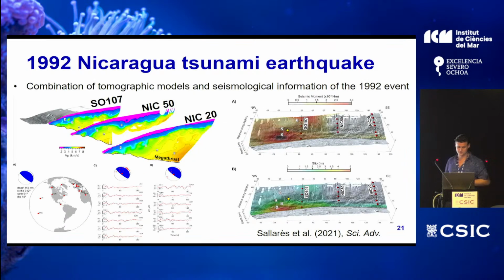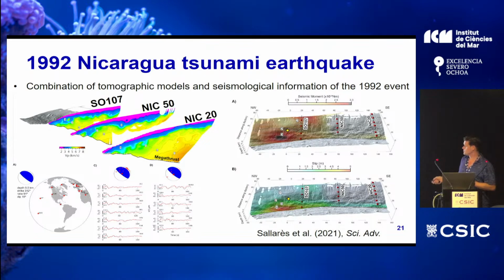So we took this information and combined it with seismological recordings of the 1992 Nicaragua earthquake. I didn't say that, but this event was instrumentally recorded, so we could use this information to invert for dynamic properties of the earthquake, such as slip and seismic moment.